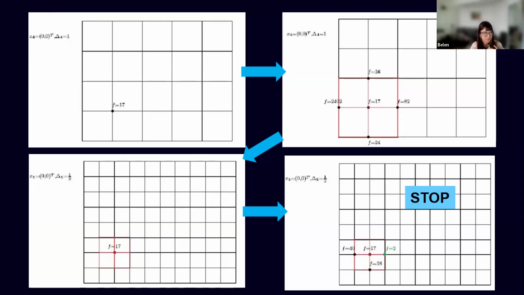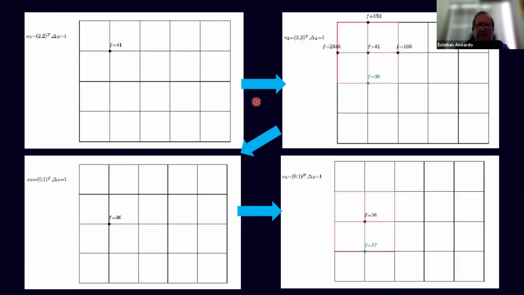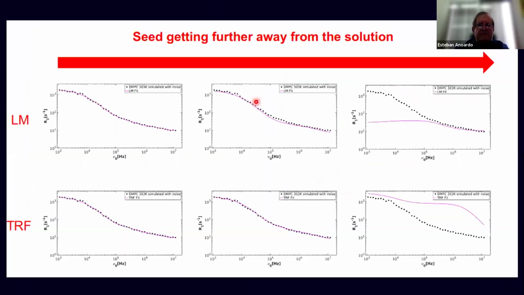Esteban? Finished? Okay. Yes. So I think there is one point I want to come back to in this one. The point here is that the fact that you see a nice fitting here does not mean that you have reproduced the generator.